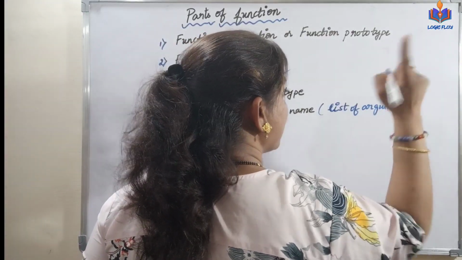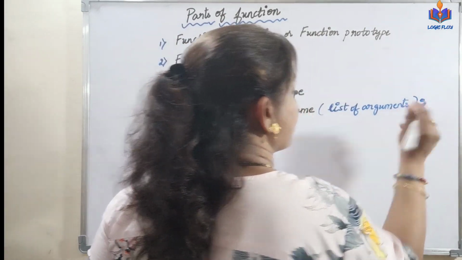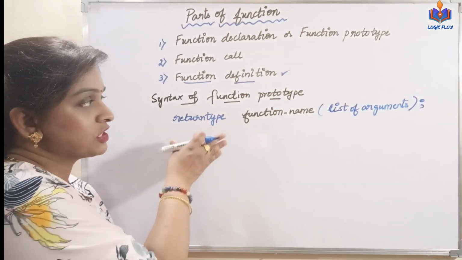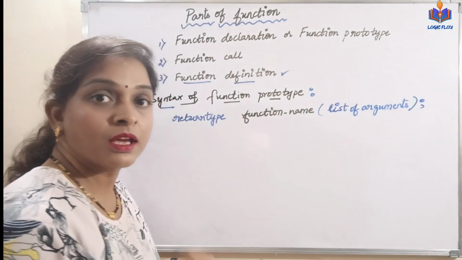Close the bracket, and it's a declaration, so semicolon is a must. No open and close braces. So this is the syntax of function declaration or prototype.